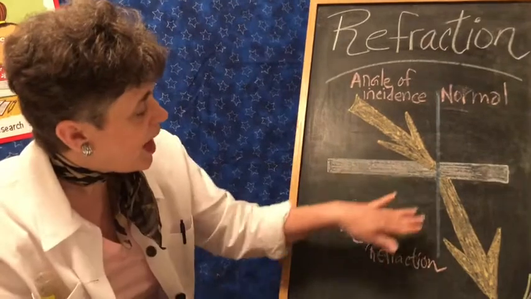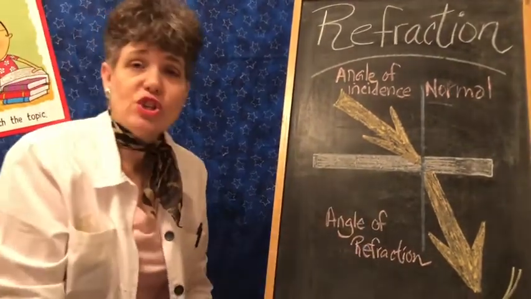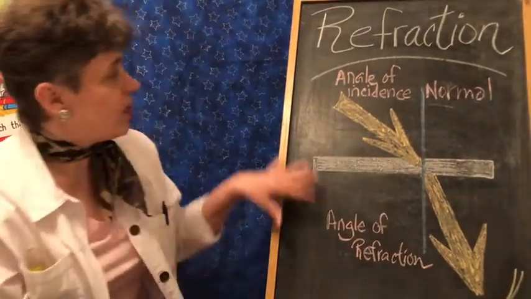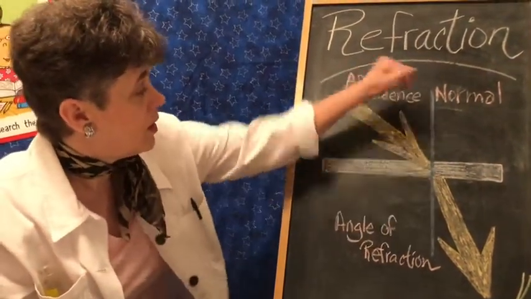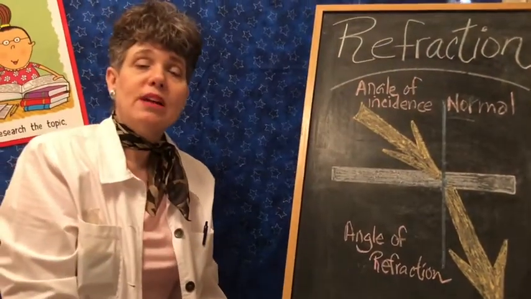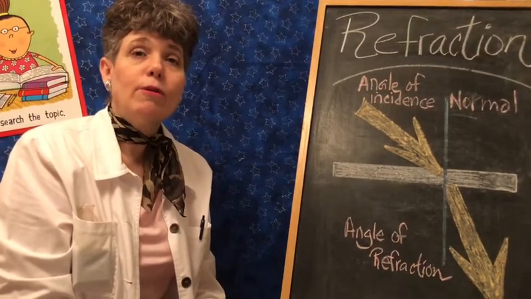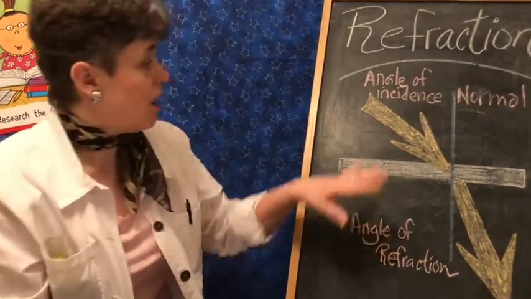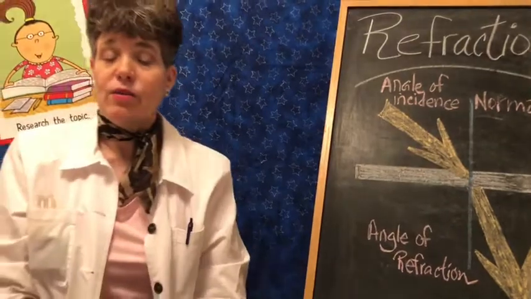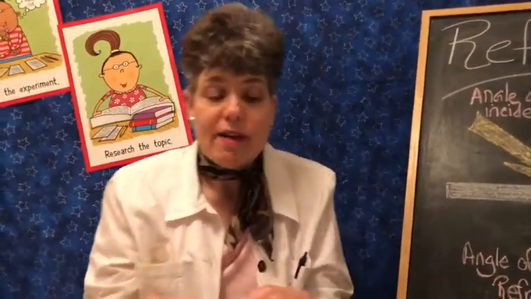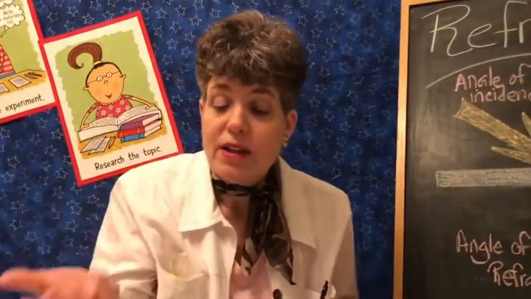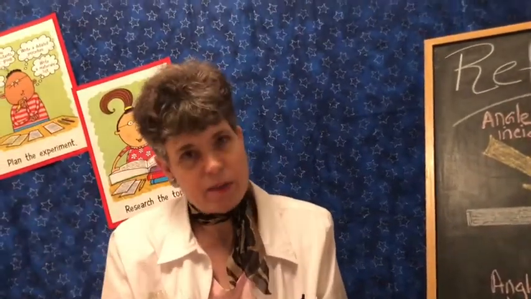And now we have the angle of refraction for the law of refraction. And this is our normal line to identify the point of insertion of the light ray. So having this understanding, let's briefly discuss what happened overall.